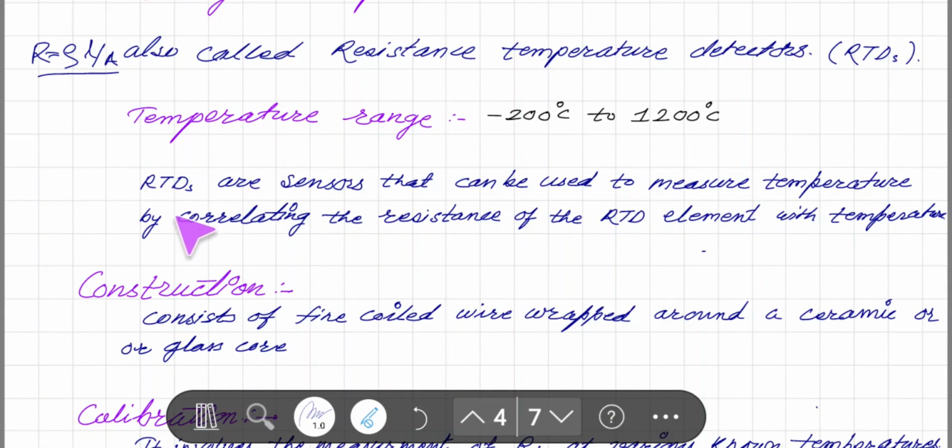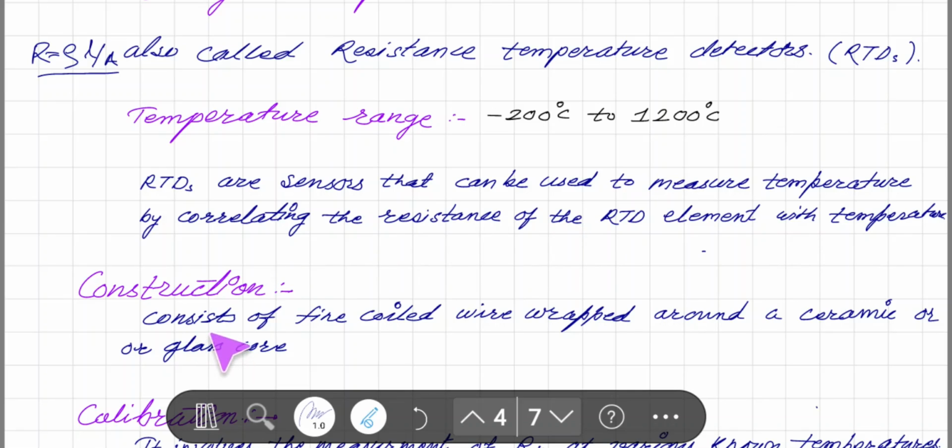Basically RTDs are sensors that can be used to measure temperature by correlating the resistance of the RTD element with temperature. That means we are using the concept that the change in temperature causes the change in resistance of the material.